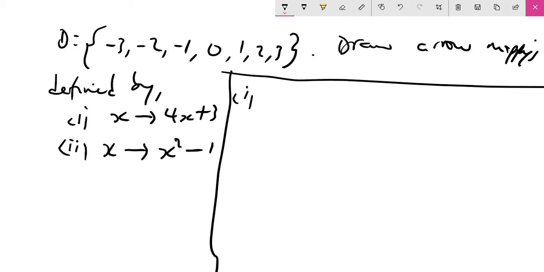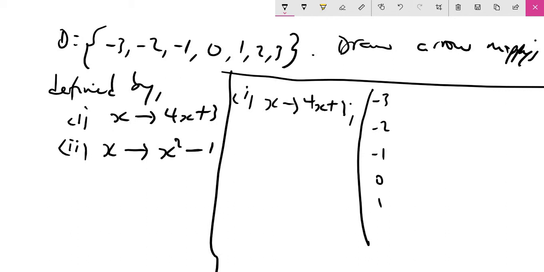So 1, x maps to 4x plus 3. The mapping is given by, we've been given our domain to be minus 3, minus 2, minus 1, 0, 1, 2, 3.